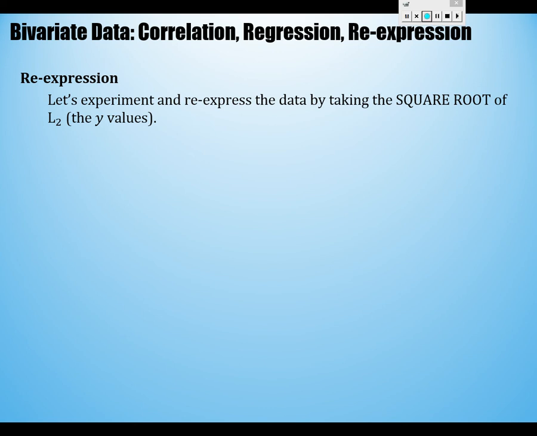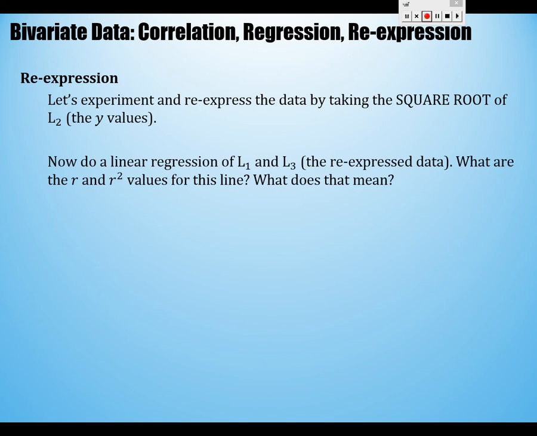In Y3, I invite you to take the square root of your data. So do the same thing as before: L1 and L2 have your data in it, and then for L3, use as the definition the square root of L2. Click on L3, and down where it says L3 equals, blink, blink, blink, actually type in the square root of L2.